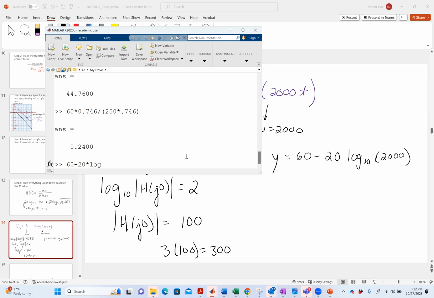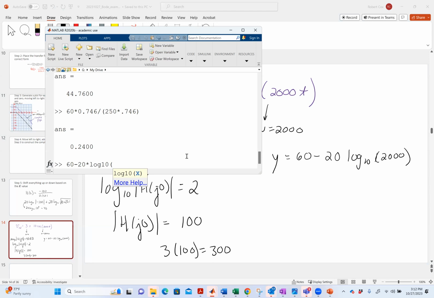I lost a couple of hours of my life back when I was in college, not realizing that in MATLAB, if you write log, it's natural log. It's ln. So if you use this, you could be like me and lose hours trying to figure out why MATLAB can't do this. In MATLAB, it's log10.